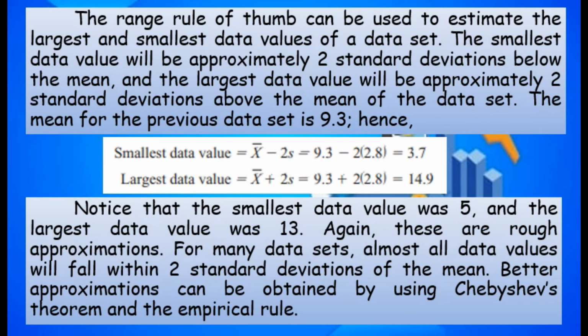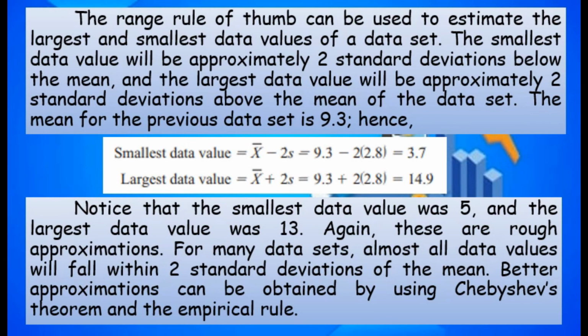The mean for the previous dataset is 9.3. Hence, the smallest data value is equal to sample mean minus 2s. So let's just substitute the values. 9.3 minus 2 multiplied by 2.8 is equal to 3.7. That is the smallest data value.